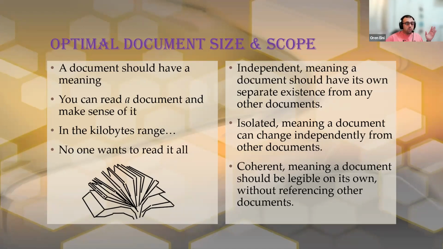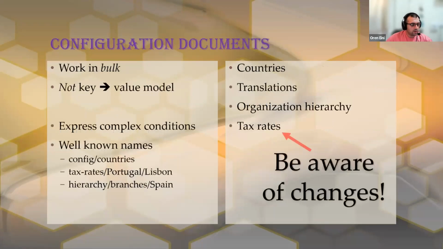I may absolutely want to modify multiple documents at the same time, but I should be able to go into a particular document, modify that, and operate on that. It should be coherent. Coherent is an interesting term. It means that I should be able to look into that and operate and make sense without looking into other things as well.